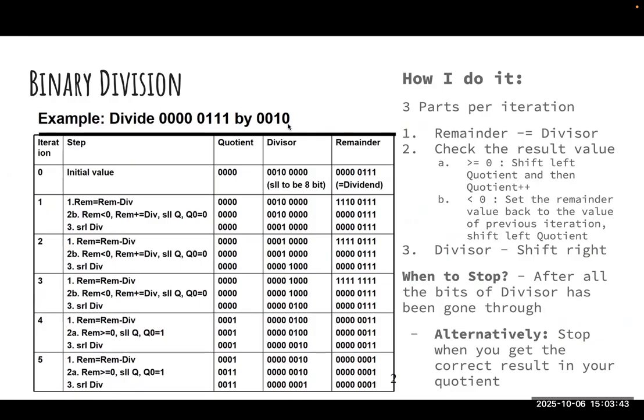We will have 8 bits because the remainder is in 8 bits, which holds your dividend, and the quotient in 4 bits. That's your initial step, iteration number 0. Now let's move on to iteration number 1. You shift left, and every time it's remainder minus divisor equals your remainder again.